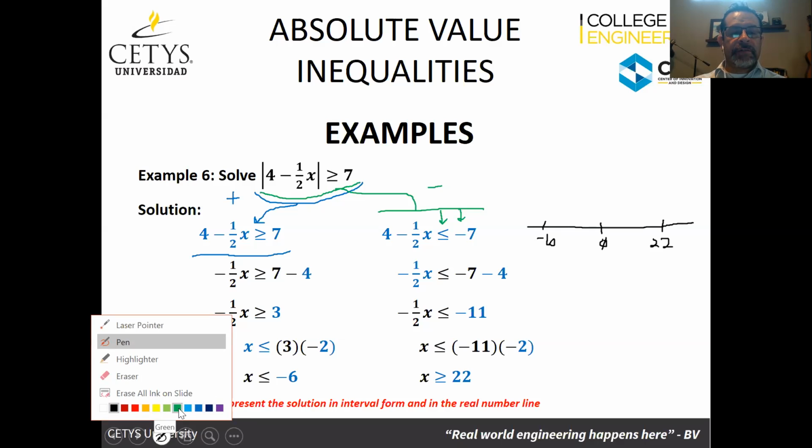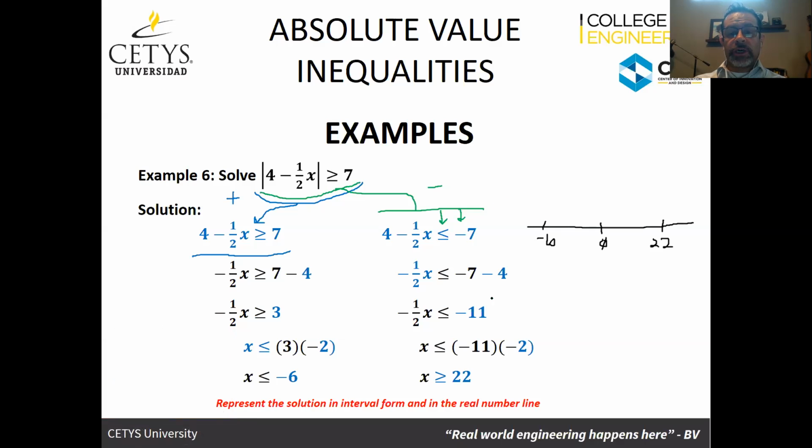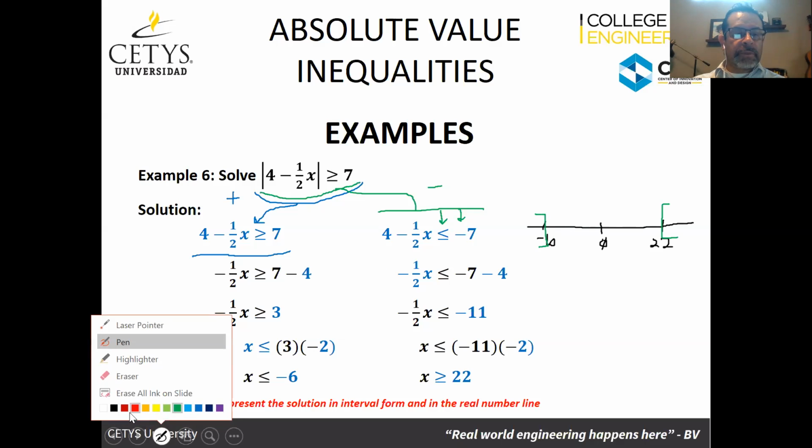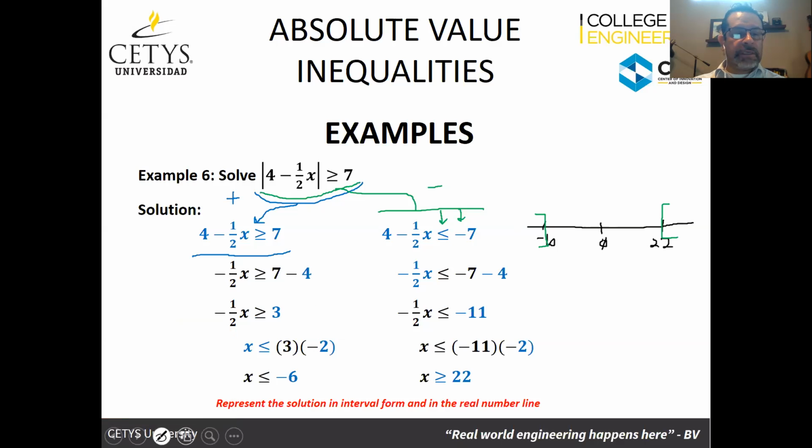In the case of both of these values, we're talking about a less than or equal and a greater than or equal, so these are going to be bracketed. So one solution is going to be less than 6. The other solution is going to be larger than 22. So what we're going to have here is values that are less than 6, including 6, and values that are larger than 22, including 22.